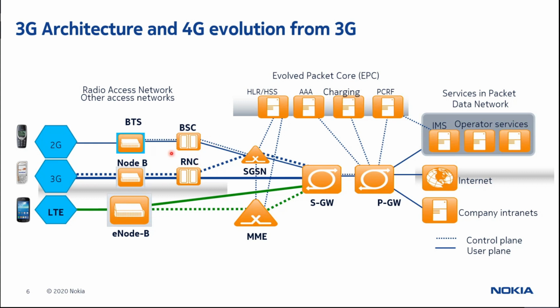So when it came to 3G, there was a decision taken not to overload the SGSN with all the user plane information. So RNC rather had a direct connectivity towards SGW for the user plane purposes. So it is this evolution that I am talking about.